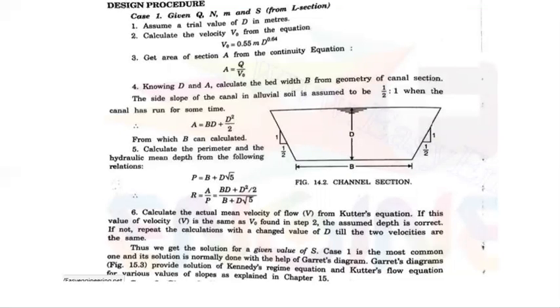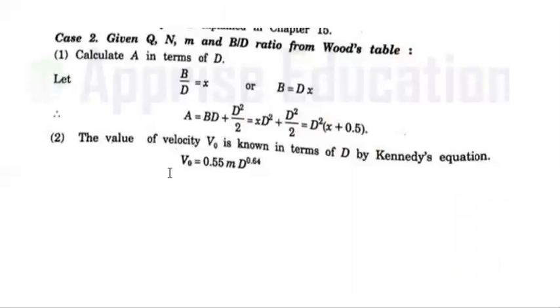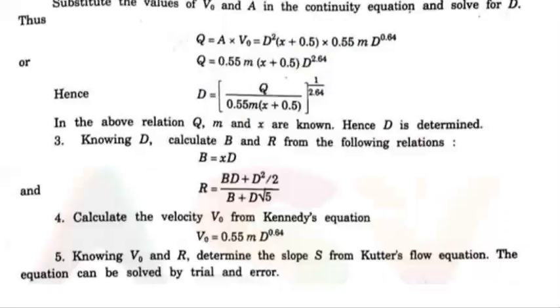The second case is the same, but the given are Q, N, m, and the B by D ratio. So you have to take B by D from the Lacey's table, take it in the form of X and incorporate it in the area values, and you can follow the procedure.